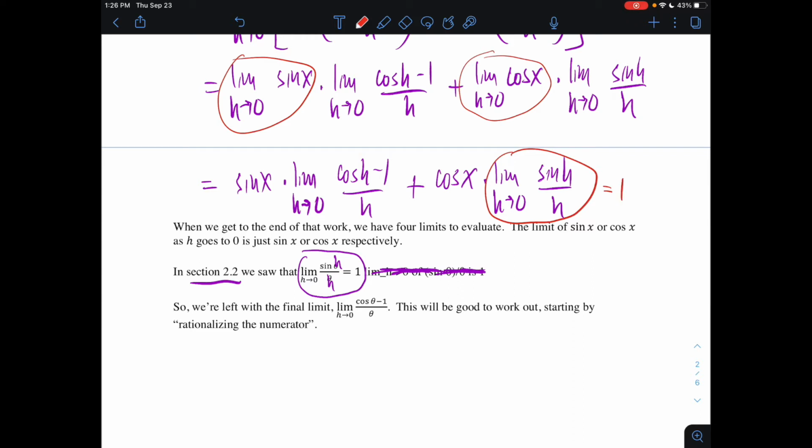So notice what we have. I have cosine x times 1 at the end of this, and then I have sine x times this one remaining limit. And if we want to prove that the derivative of sine x is equal to cosine x, we are going to hope that this limit as h approaches 0 of cosine h minus 1 divided by h is going to be 0.